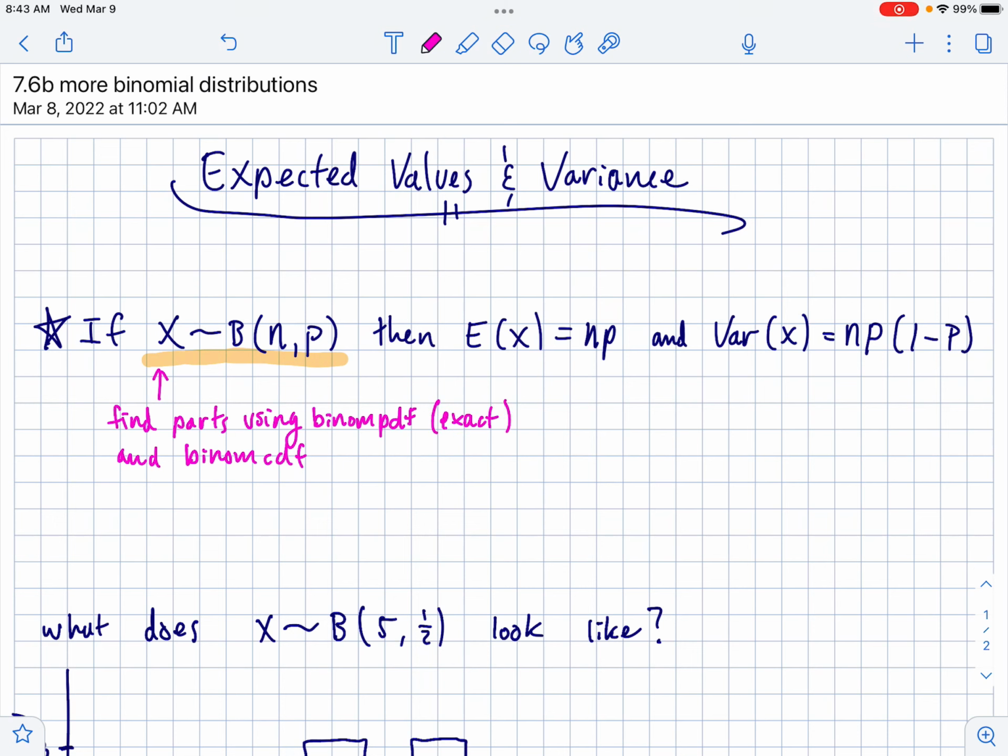Remember, PDF is for exact parts of the distribution, and then CDF is for cumulative parts, where you're adding certain things together.